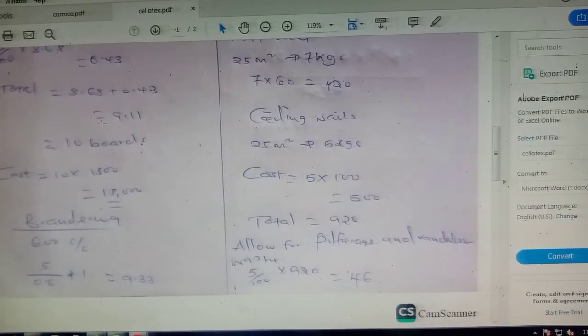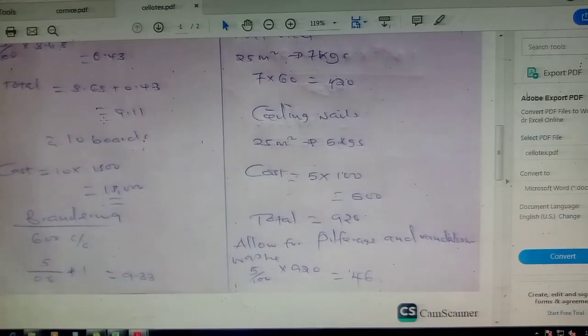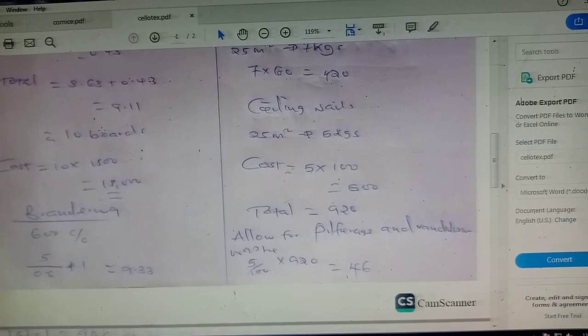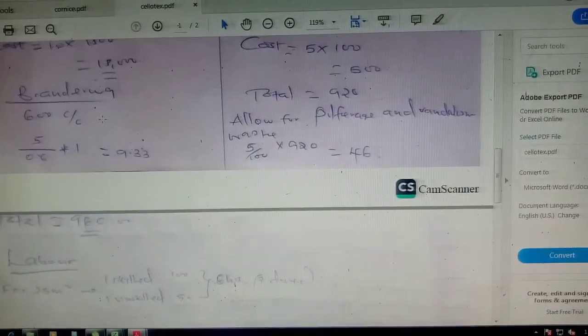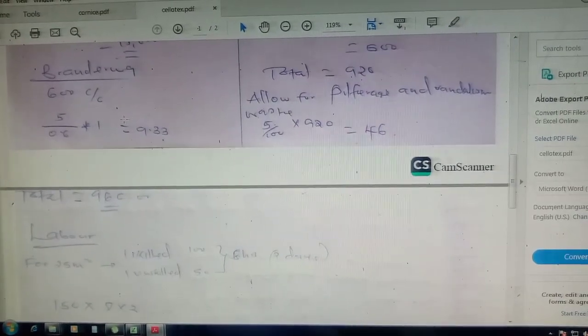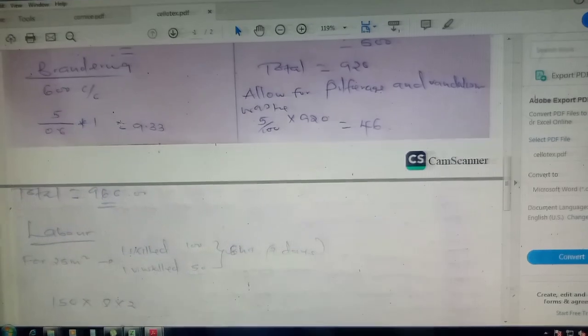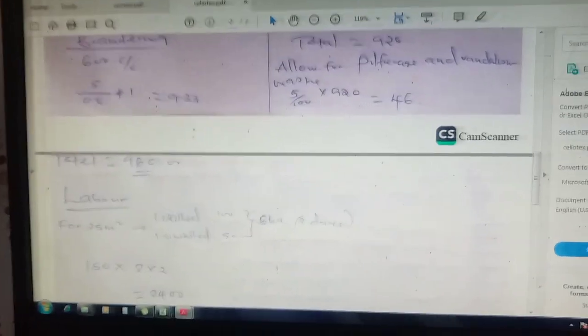Then the total of the ceiling nails and the mild steel nails will be 920. Then you allow for pilferage and vandalism waste, which is 5%. It will be 46 shillings. Then the total for the nails, including the allowances, will be 966.